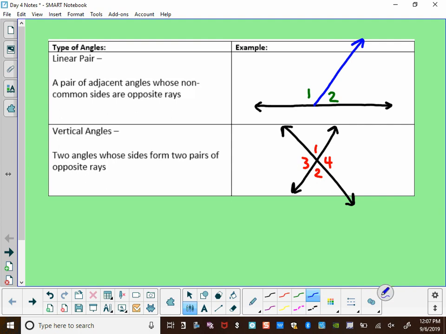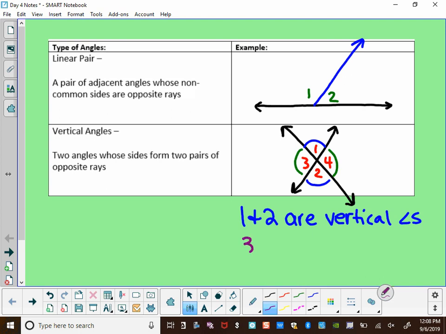Vertical angles are opposite angles, okay? So what's the opposite angle of angle 1? 2. So those are vertical angles. So we can write 1 and 2 are vertical angles. So what's the vertical angle to 3? 4. And we can say 3 and 4 are vertical angles.